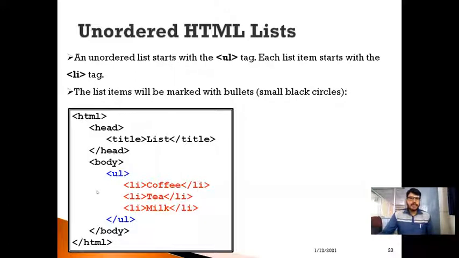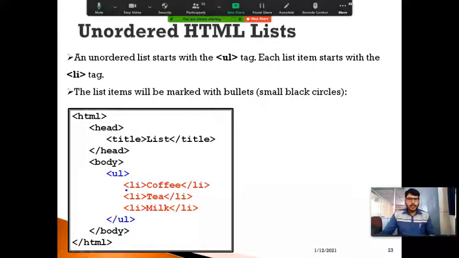The Li tag is used to specify a list item. Here we are specifying the Li opening tag, and this is the Li closing tag, and within this we are going to specify a list item such as coffee, tea, and milk. So I'm going to create three list items here, and I'm going to use an unordered list.